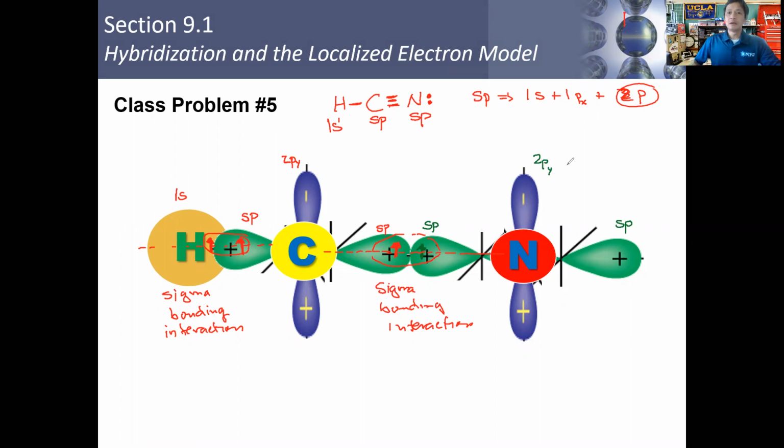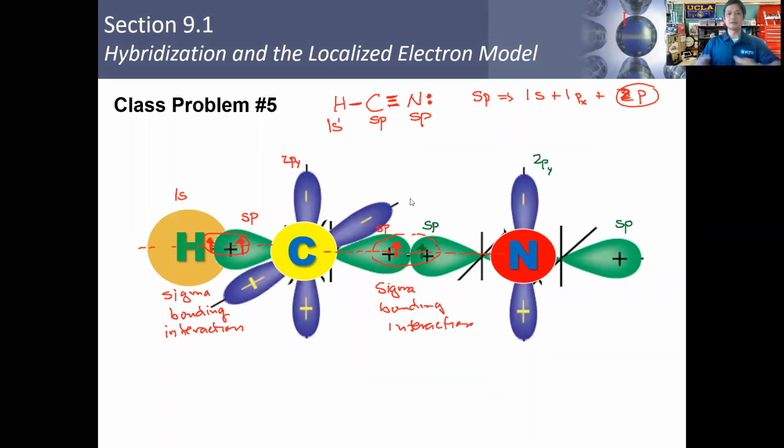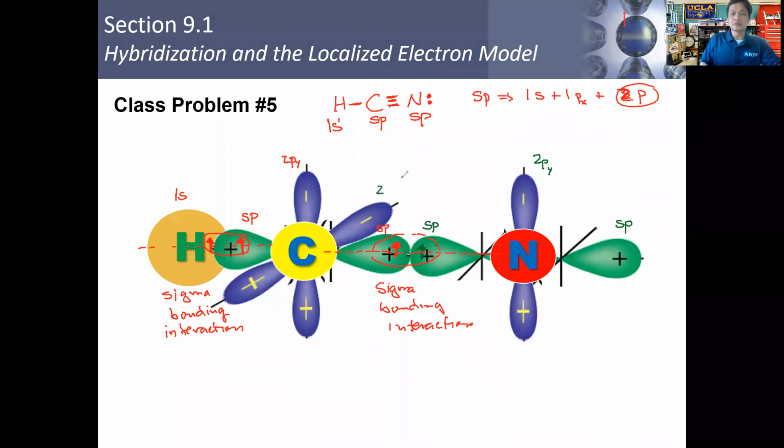Now carbon also has a second p orbital. That second p orbital is going to be the 2p orbital along the z-axis.